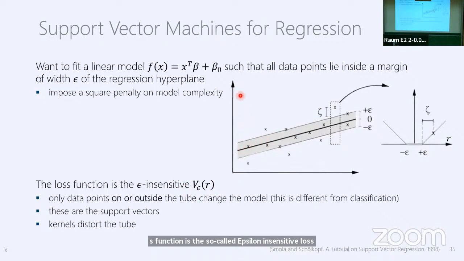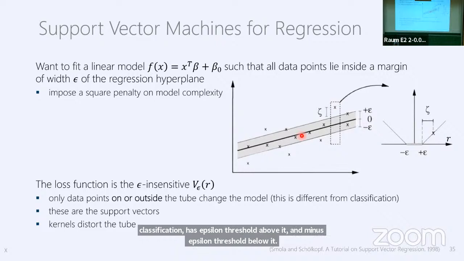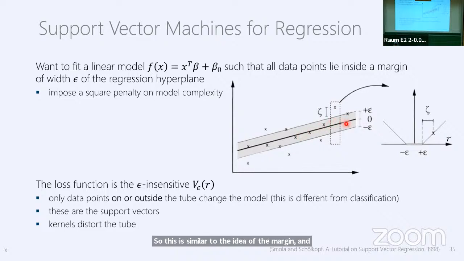I have my data points. This is the input, the feature. This is the output. Let's say this is one model that I fit. These are all the instances. And then around the model, I define this tube, which, similar to classification, has an epsilon threshold above it and minus epsilon threshold below it. So this is similar to the idea of the margin. When computing the loss, before we were just doing least squares.